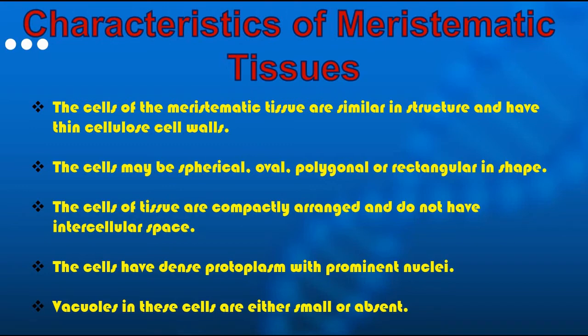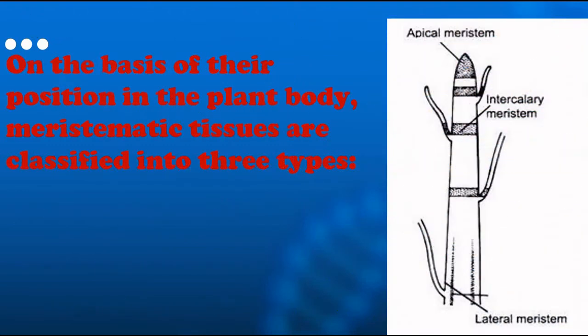Vacuoles are mainly present in large quantity only in dead cells. These are growing cells, so they are living cells, so vacuoles are present in small quantity or absent. Now, on the basis of their position in the plant body, this meristematic tissue can be divided into three types.